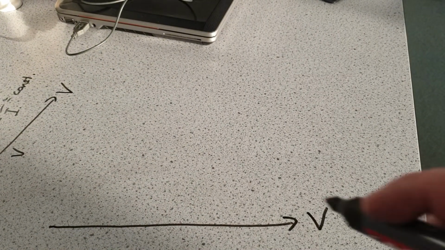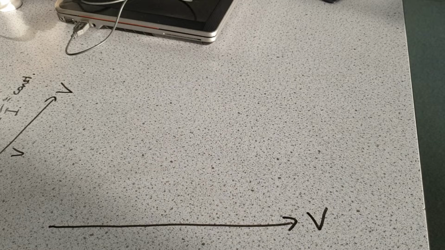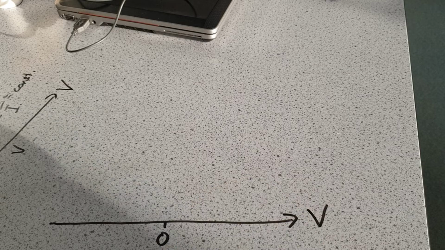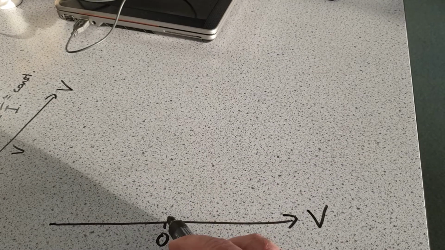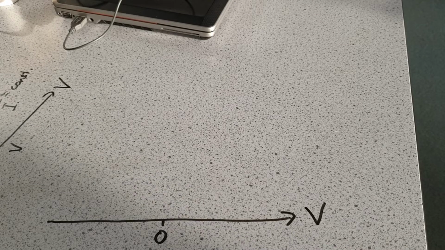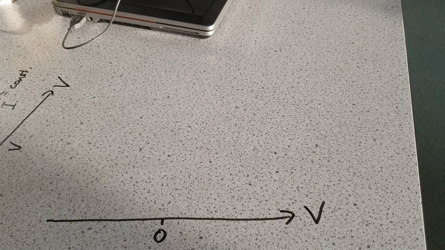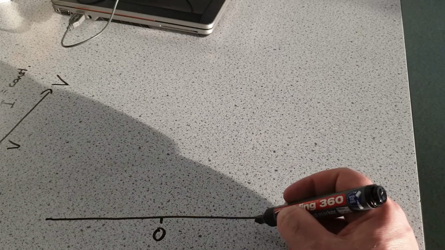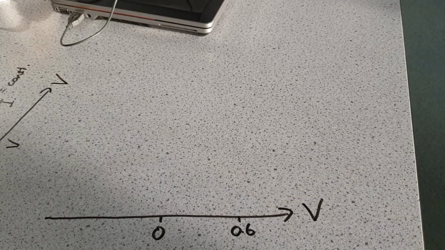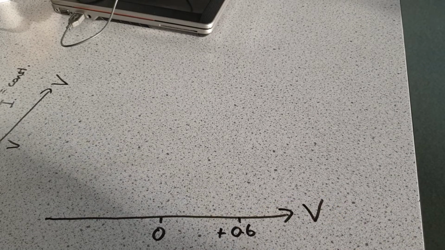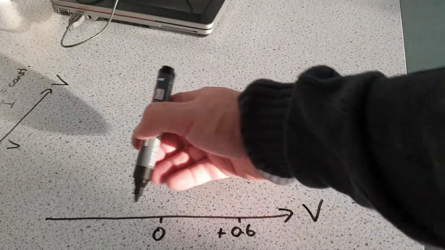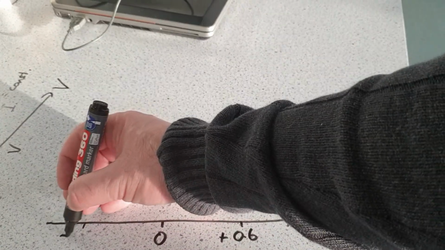Now this time, because it matters which direction the diode is plugged into the circuit, I'm going to put 0 volts in the middle, and on one side I'm going to put positive voltages, which means that the diode is forward biased, it's put in the circuit in the right direction. I'm going to go up to 0.6 volts on this side, so that's plus 0.6. The significance of 0.6 volts I'll explain in a minute. On the other side, we can put minus 0.6 volts.